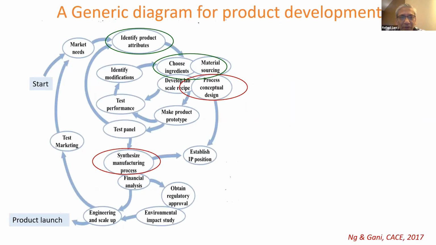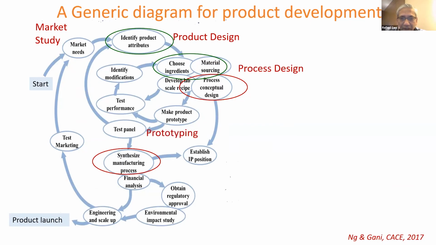General overview of the product development stages. We start with the market study. If we want to go ahead, we do the preliminary product design. Then we do the preliminary conceptual process design. If they are found to be feasible, we do the prototyping.